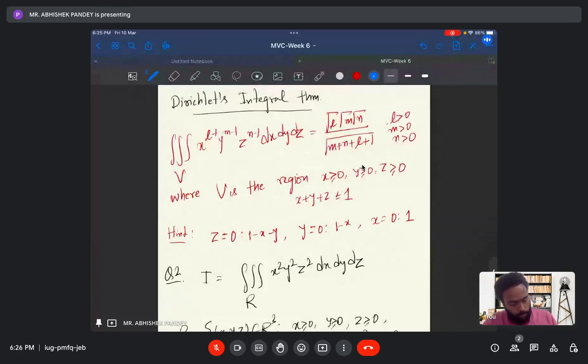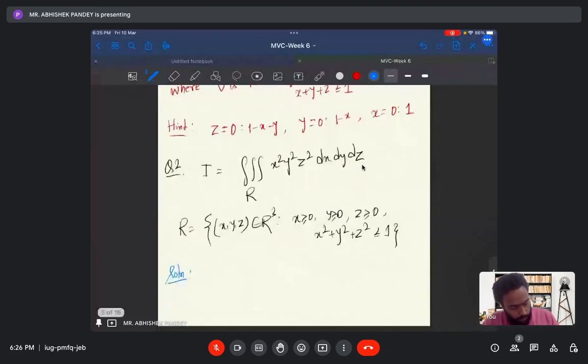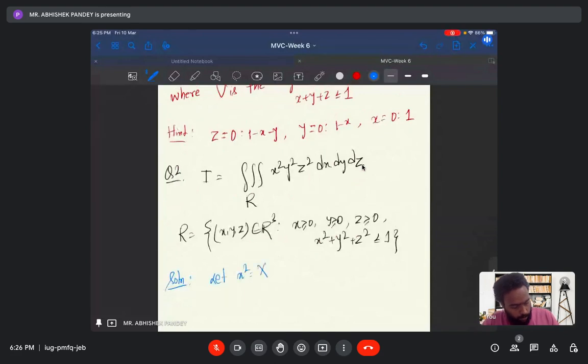So for this, let x square equal capital X, y square equal capital Y, and z square equal capital Z. Now your R will become the set of X, Y, Z belonging to R3 such that X, Y, Z are non-negative and X plus Y plus Z is less than or equal to 1.